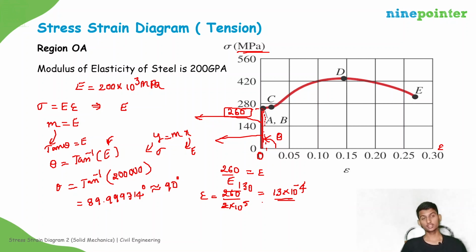This is the strain, very little. So in this elastic region, the deformations are very small. That is the reason why we generally design civil engineering elements in the elastic region, because the deformations will be very small. Once the load disappears, they will regain their shape.